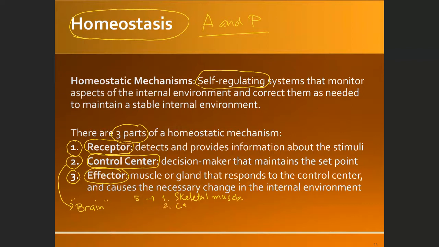Then there is the cardiac muscle, and the smooth muscle. Number 4 is the exocrine gland, like the sweat gland, for example. And the endocrine gland, the gland that produces hormone. These are the 5 types of effector in our body, the organs that perform action based on the order coming from the control center.